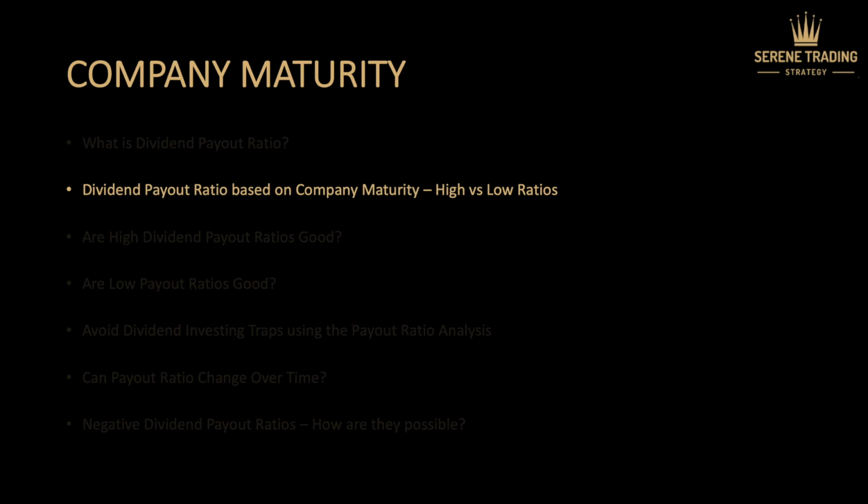So first thing here, for tech companies, companies where the technology changes, companies which have to innovate consistently, the dividend payout ratios must be low. For companies that have to invest a ton of money into R&D, otherwise they're simply going to shut down at one point in time, the dividend payout ratios must be low.